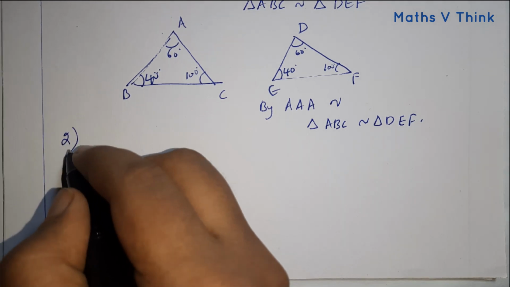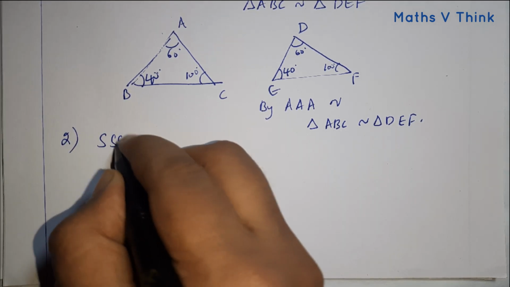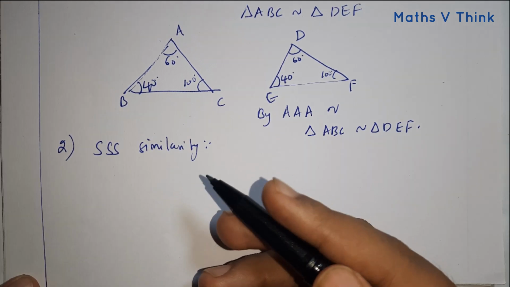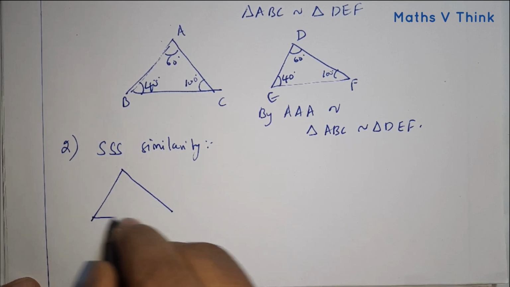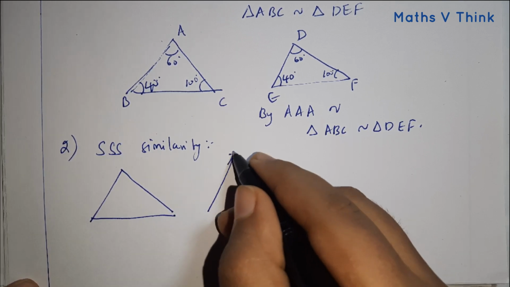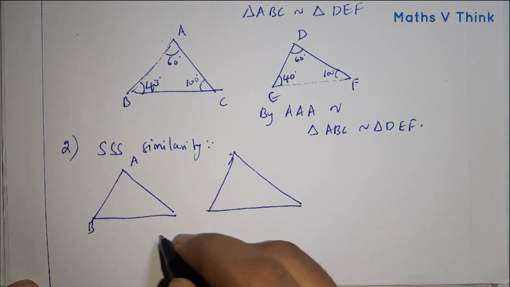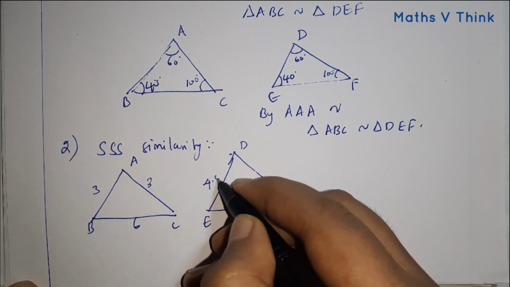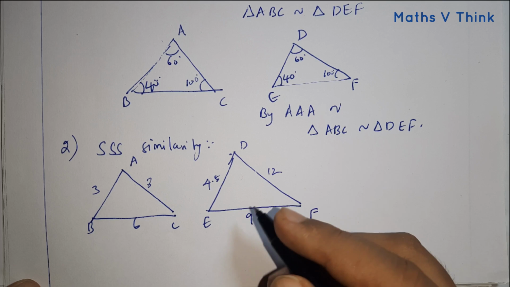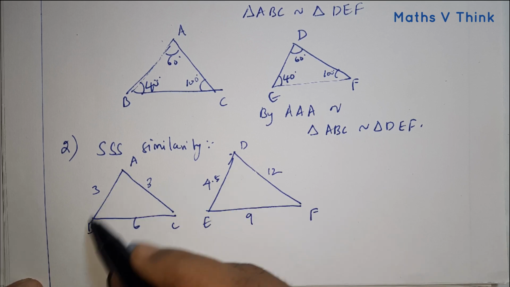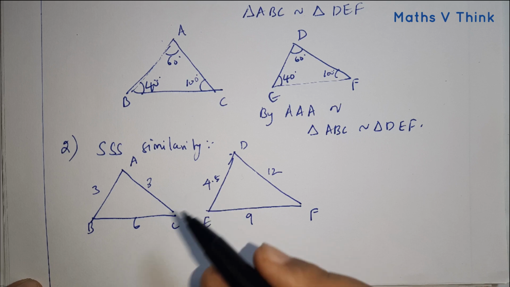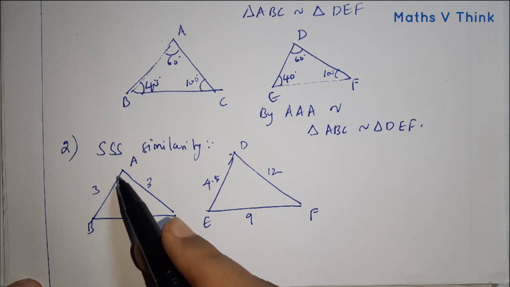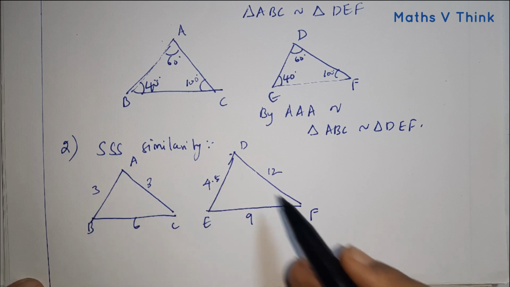Now the second similarity, it is SSS similarity. I'll explain you with the help of an example. So again, let's take a triangle ABC, DEF, and the sides be 3, 8, 6, this be 4.5, 12, 9. When in two triangles all the corresponding sides are in the same ratio or proportion, then I can tell by SSS similarity that this triangle is similar to this triangle.